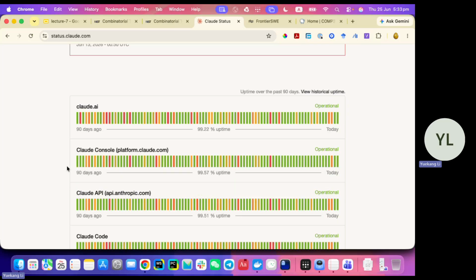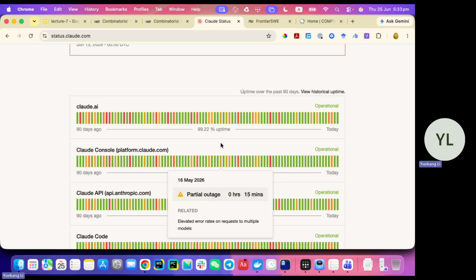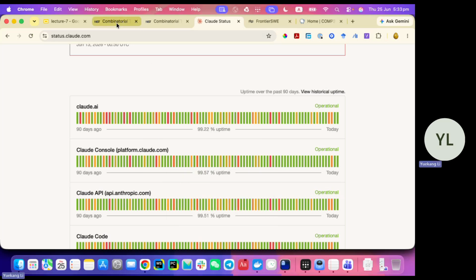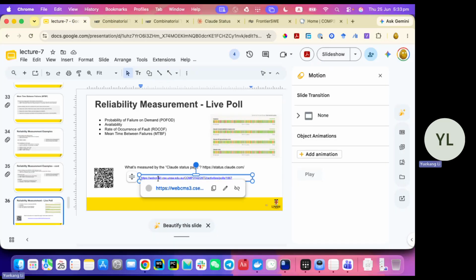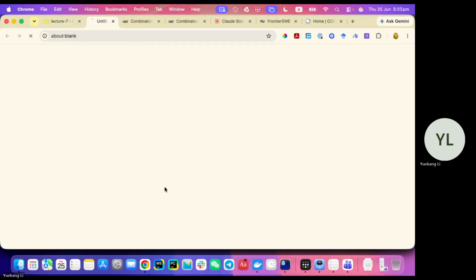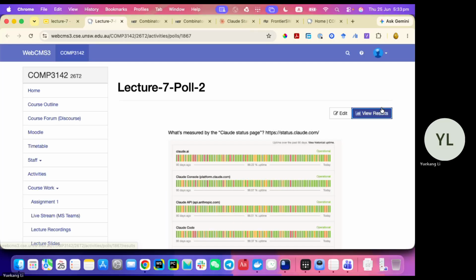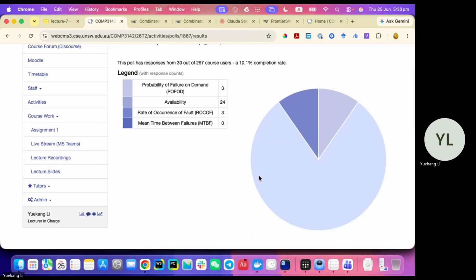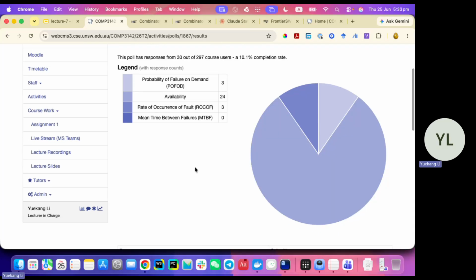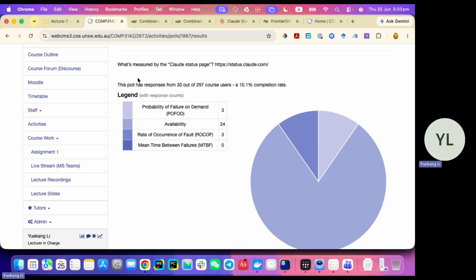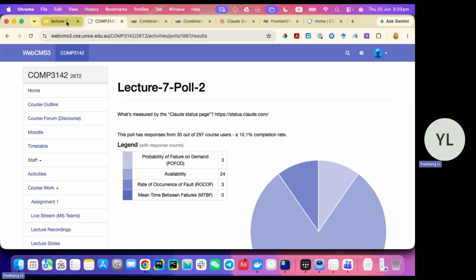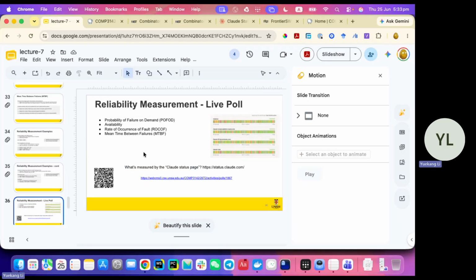So what's the measurement used here? You can see the keyword uptime, right? So let's see the results first. Okay, very good. Most of you have got it correct. I think some of you may just randomly click, but that's okay.